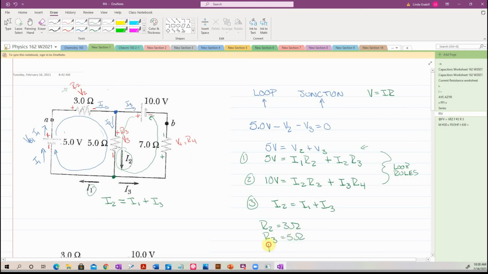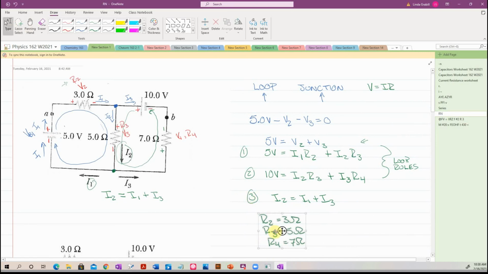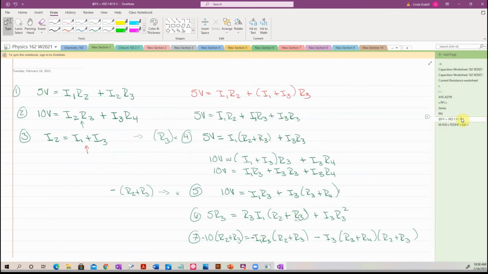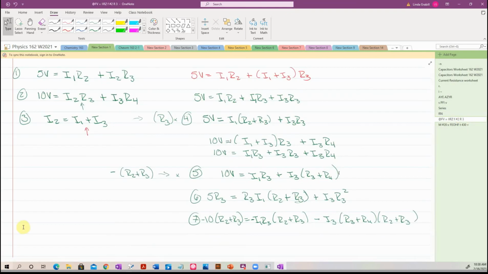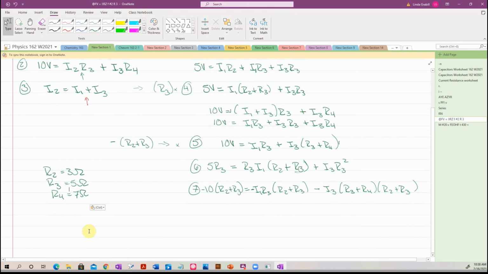And R4 is 7 ohms. Just going to kind of simplify it down here. And there's nothing wrong with doing that. My suggestion to you is to resist putting values in for as long as you can, so it's a little more visually apparent what you can do to simplify things if you leave them in variable form as long as you possibly can.